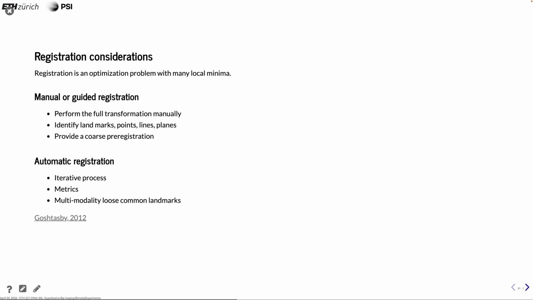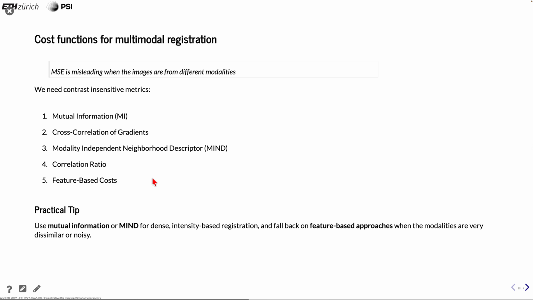After that, we can go on to the automatic registration, where we have the iterative process that we already looked at last week. The problem is that multimodality has much less common landmarks, so that is something that the metrics must take care of. Last week we talked about the mean squared error, but that is often very misleading when you're talking about images from different modalities. So we need some kind of contrast intensity metrics.